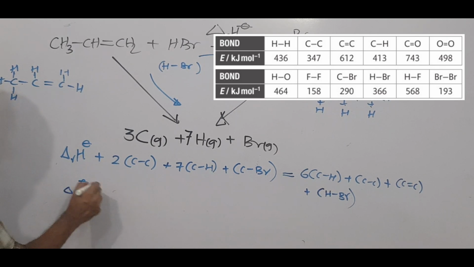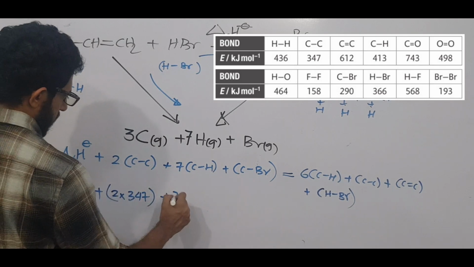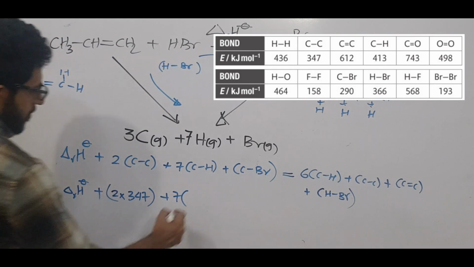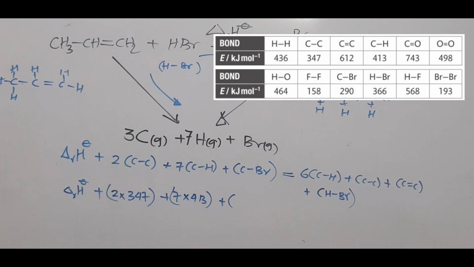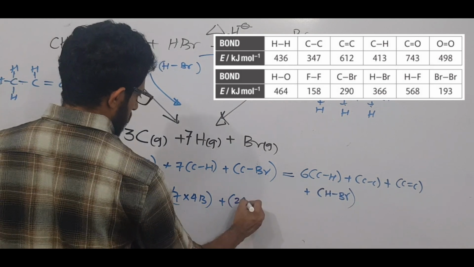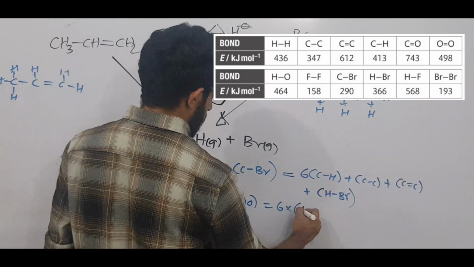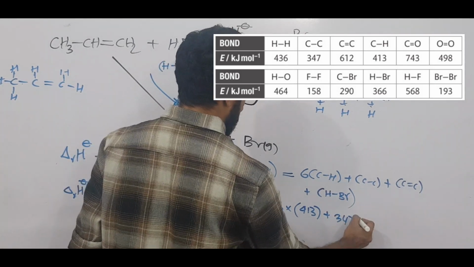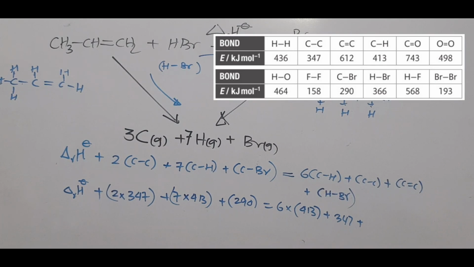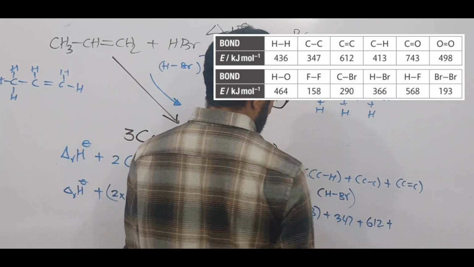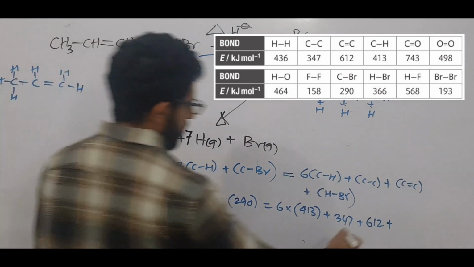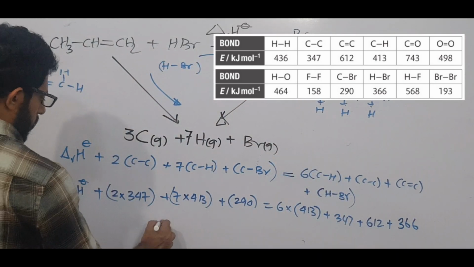So ΔRH plus 2 C-C, C-C is 347, 2 into 347, you will be given the bond enthalpy values, plus 7 into C-H 413, plus C-Br, which is 290, equals 6 into C-H 413, plus C-C 347, plus C=C double bond, which is 612, and HBr value is 366. So you can calculate and get ΔRH.